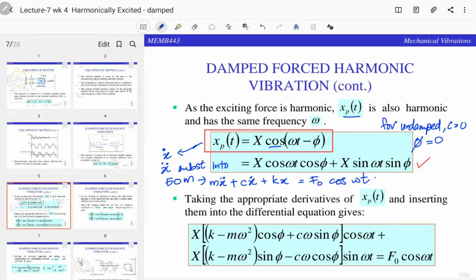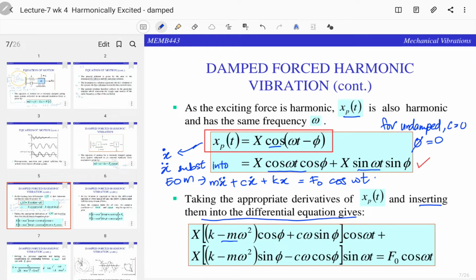When you have it in this form, you can easily get the first derivative and the second derivative. So if you look here, they already have it inserted in the EOM, in the differential equation form. So we substitute: m x double dot will become, if you differentiate twice, m omega squared.